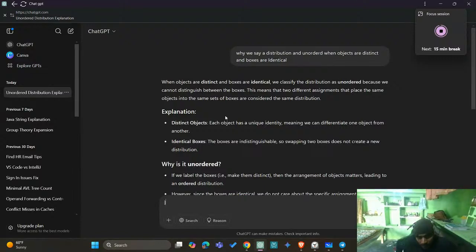So what it is saying, guys, is that when objects are distinct and boxes are identical, we classify the distribution as unordered because we cannot distinguish between the boxes. This means that two different assignments that place the same objects into the same sets of boxes are considered to be the same distribution.